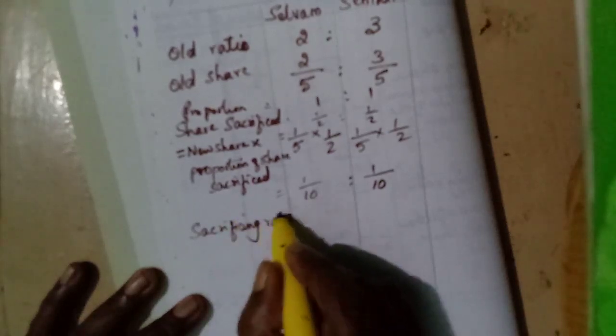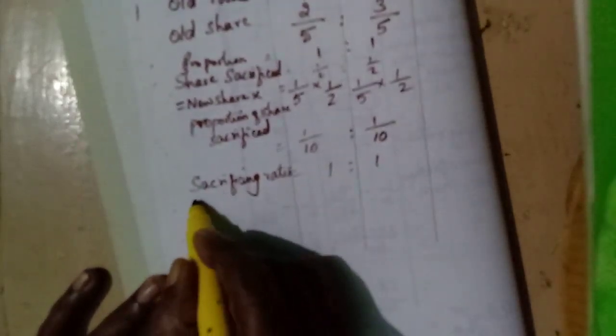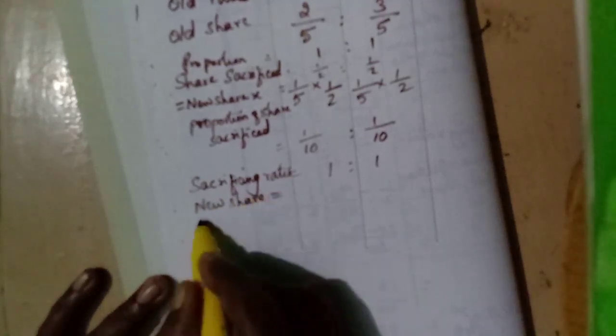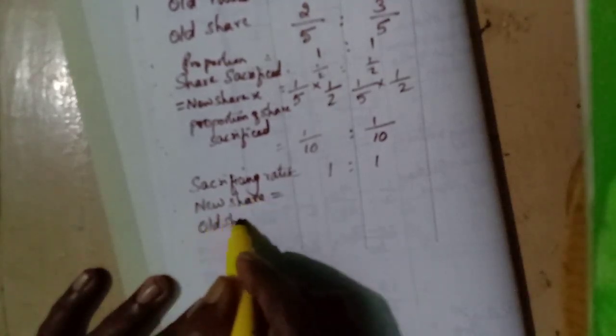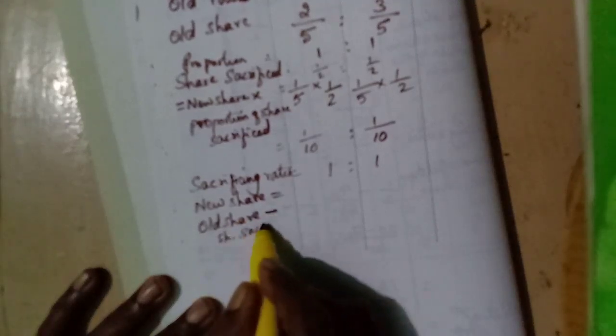Now sacrificing ratio is equal to 1:1. Now new share: old share minus share sacrificed.